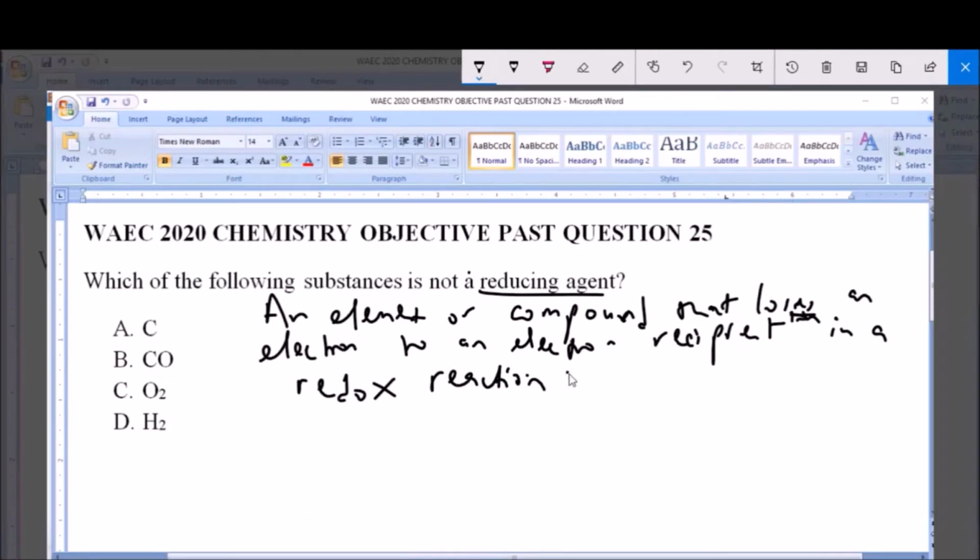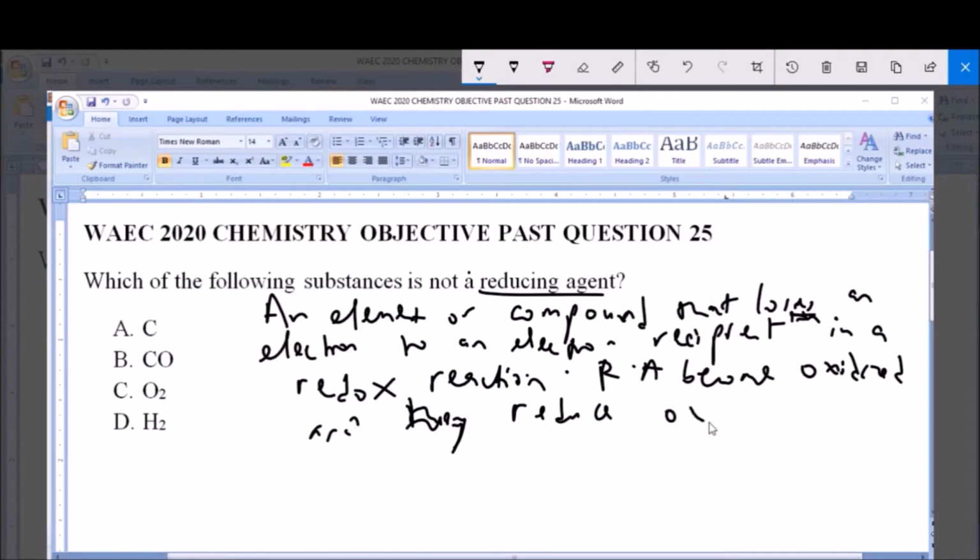Now reducing agents become oxidized at the end of the redox reaction, and they in turn reduce the oxidizing agents at the end of the reaction.